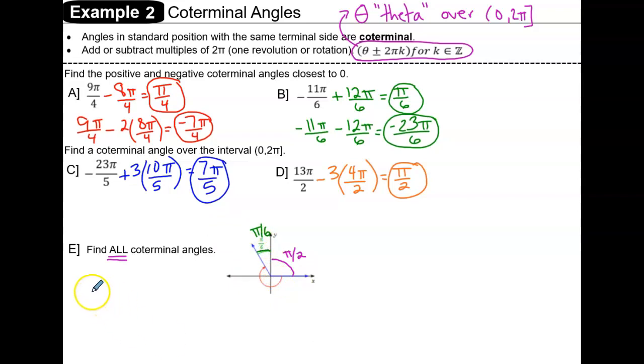So if I add those together, because I'm going counterclockwise, pi over 2 plus another pi over 6 in the counterclockwise direction, that needs a common denominator, so I'm going to multiply the first fraction by 3 over 3 to get 3 pi over 6 plus pi over 6, which is 4 pi over 6, and that reduces to 2 pi over 3.